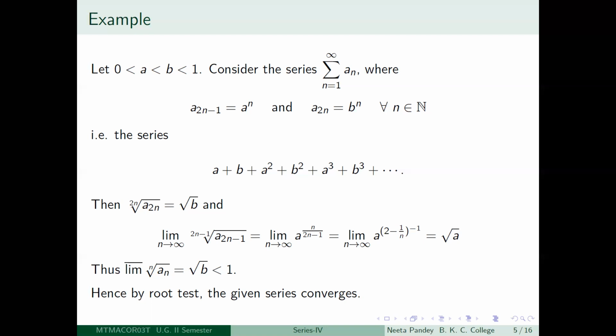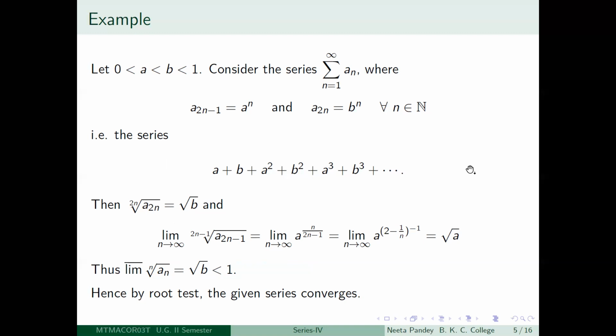Therefore, the lim sup of the sequence nth root of an will be the maximum of these two. And since a is less than b, the lim sup is going to be square root of b. Now b is less than 1, therefore square root of b is less than 1. Therefore, by the root test, you can conclude that this series will actually converge.